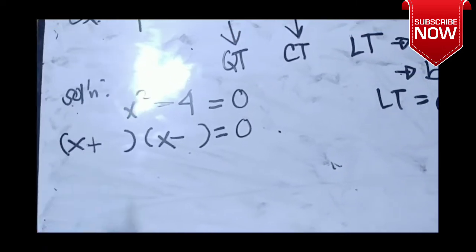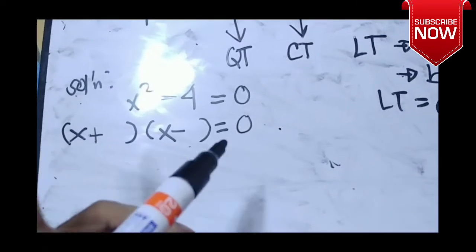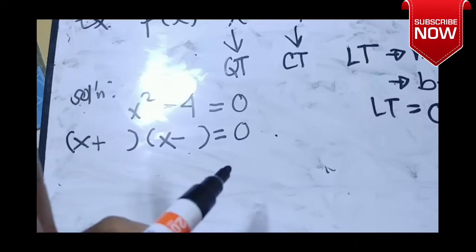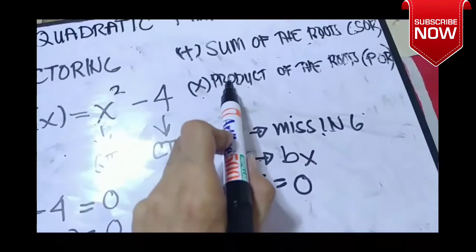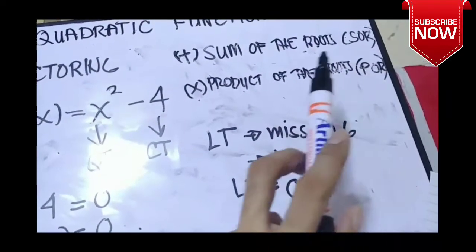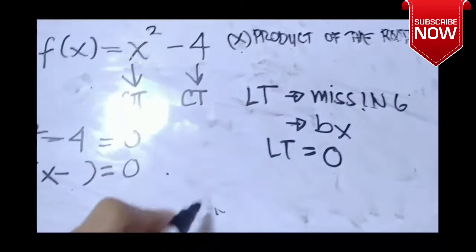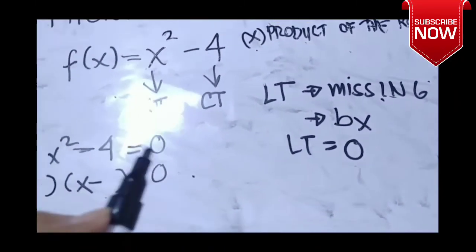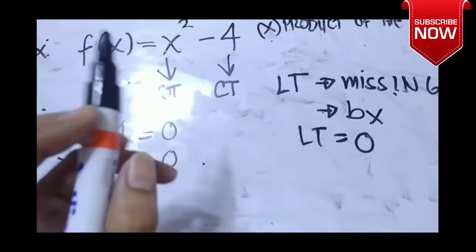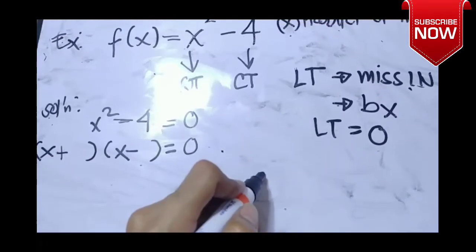So ngayon, let us think for the two numbers na pag minultiply natin, ang sagot ay negative 4. Alamin muna natin, check natin sa pamamagitan ng sum of the roots, SOR, and product of the roots, POR. Okay. So, but before we do that, gaya ng sabi ko kanina, let us think first for the two numbers na ang sagot ay 4 pag minultiply.